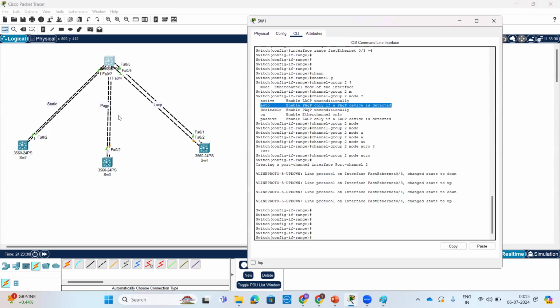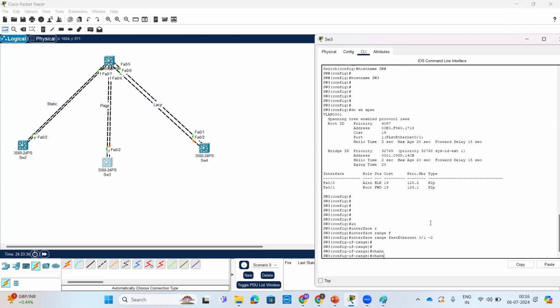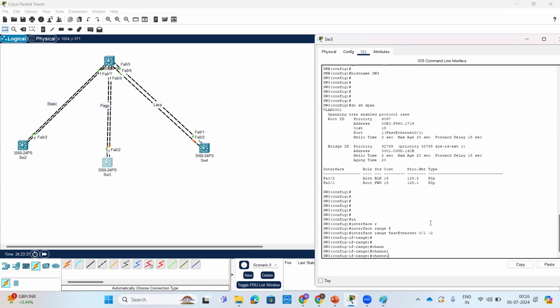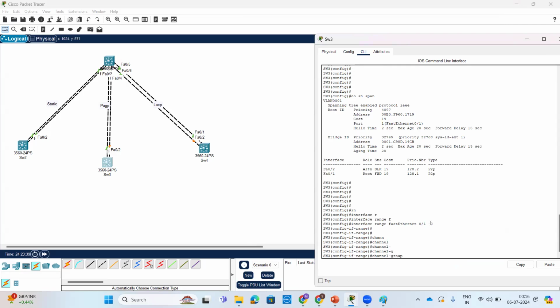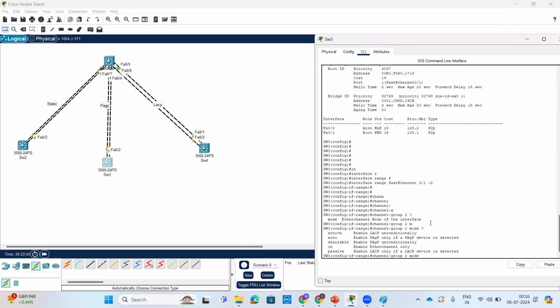Auto is PAgP mode. Channel-group 2 and mode, with the question mark; above I have taken auto. Auto enables PAgP only if a PAgP device is detected.